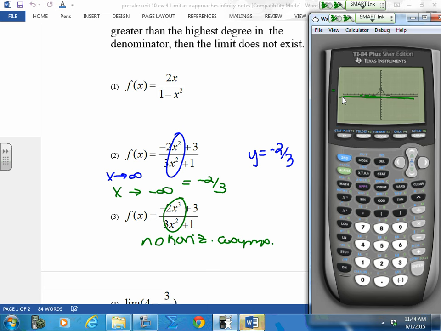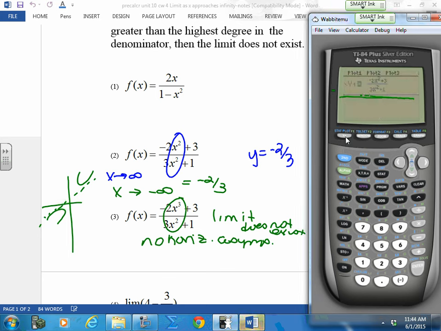Usually it went something like this, and we looked for a slant asymptote. Because when we graph this, these will have no bounds at all between them. So the limit does not exist, because there's no horizontal asymptote, and when we graph this, you'll see there's no way that they can ever come together here. It's not going to approach a certain y value.